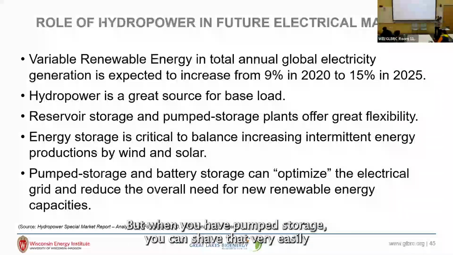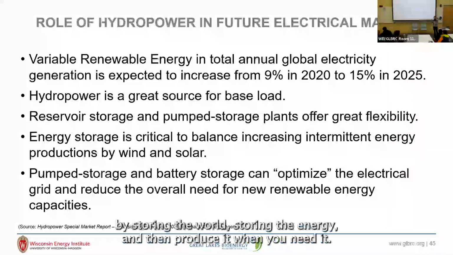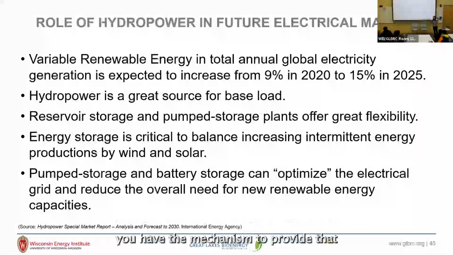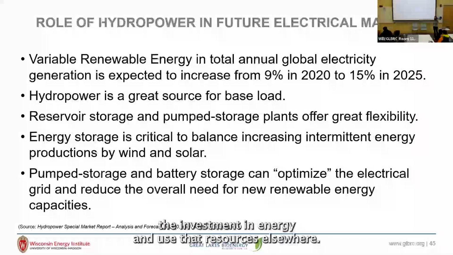But when you have pump storage, you can shave that very easily by storing the energy and then producing it when you need it. So that way you don't have to overbuild, because you already have the mechanism to provide that difference in the energy production. So that is another way to reduce the investment in energy and use those resources elsewhere, right?